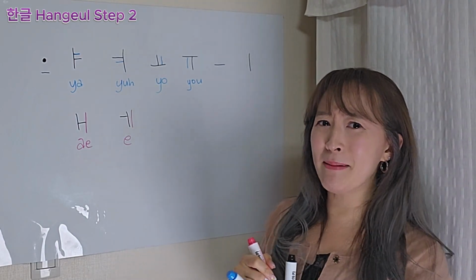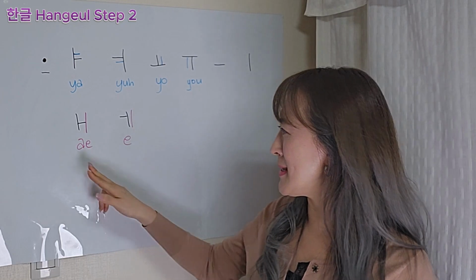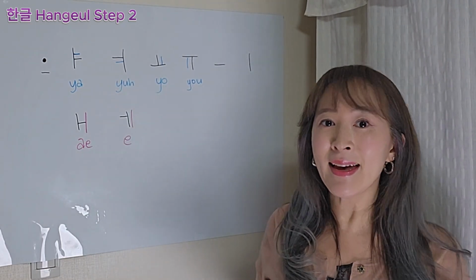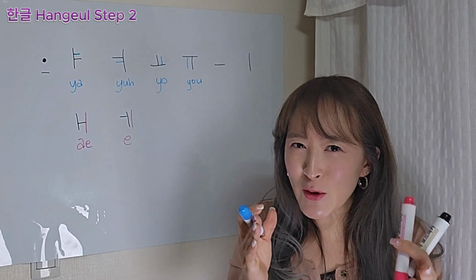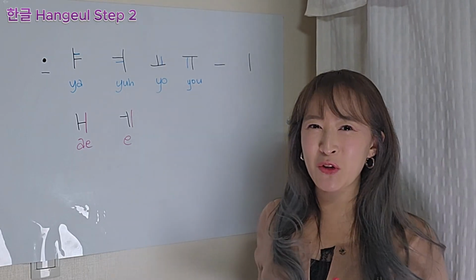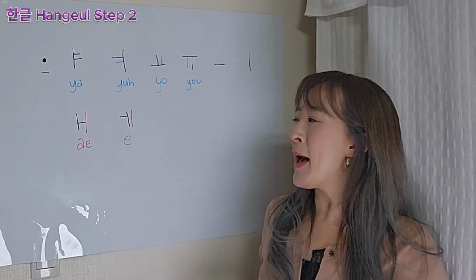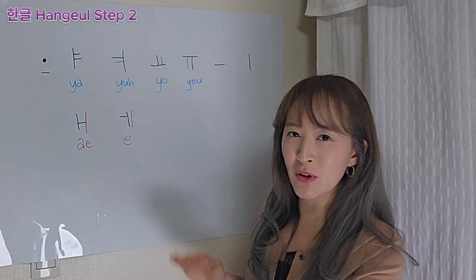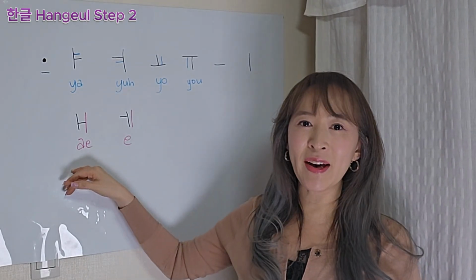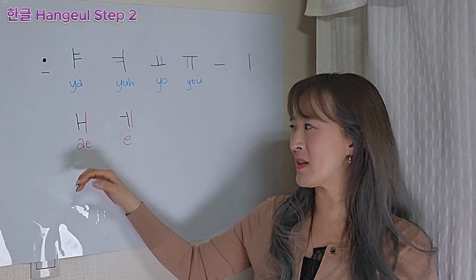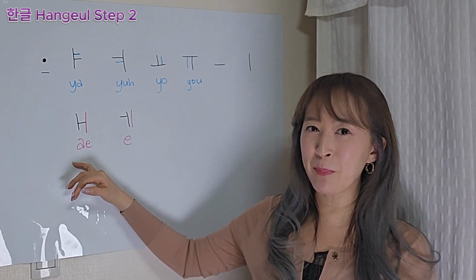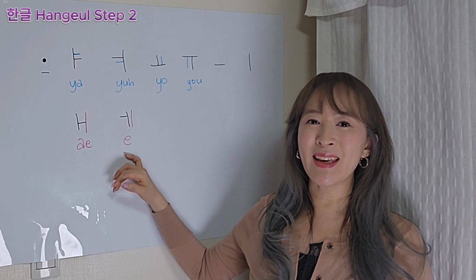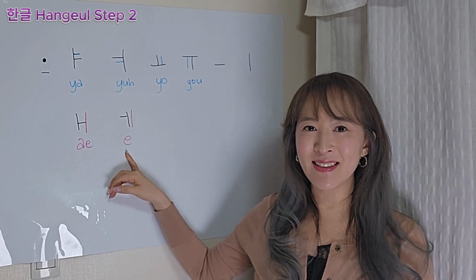So it may be confusing, right? Because this and this do not sound very different. So not only you, but to Korean ears too, they're not very different. So if I want to be very textbook like, this is the long A and this is the short A, so this is more like A as in apple, and this E is more like E as in egg.